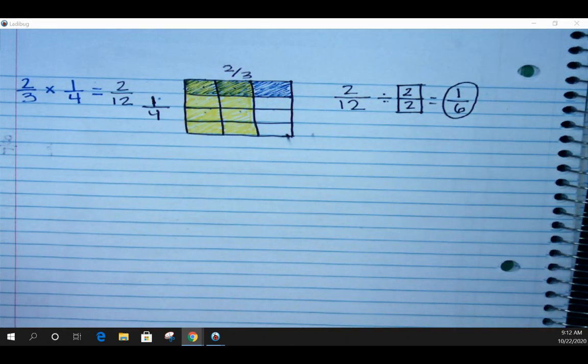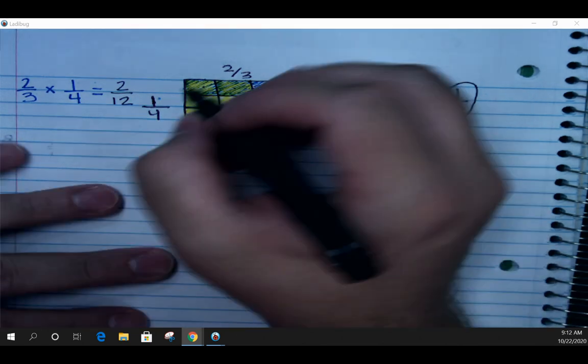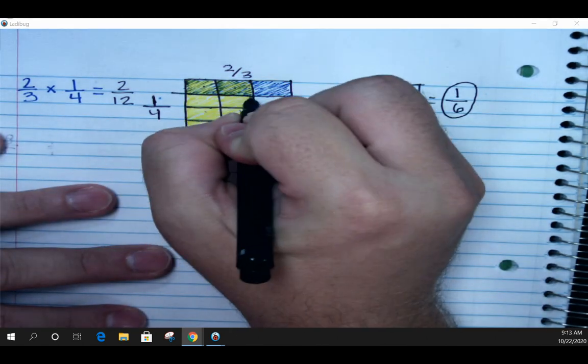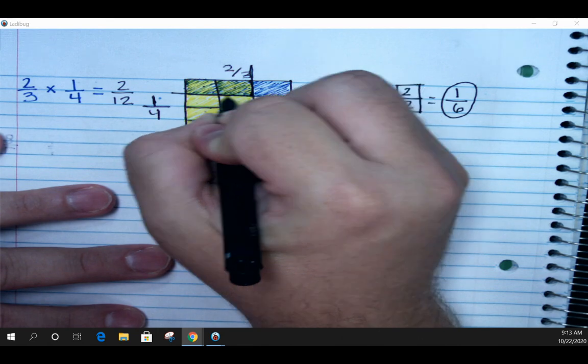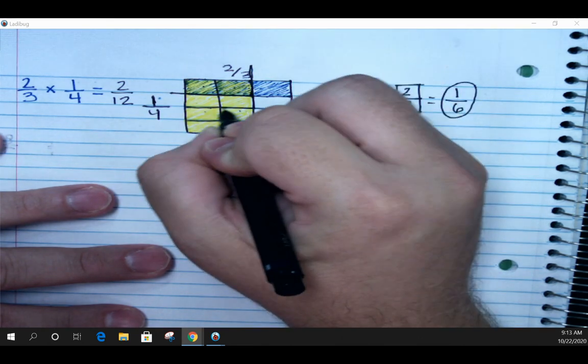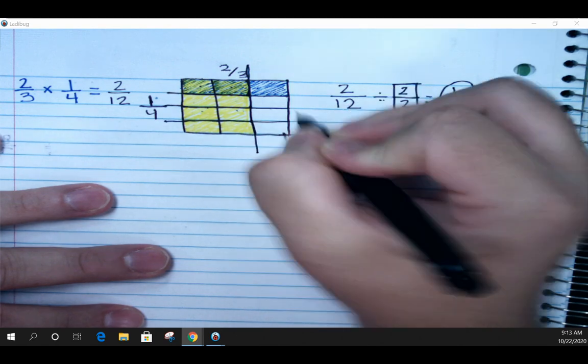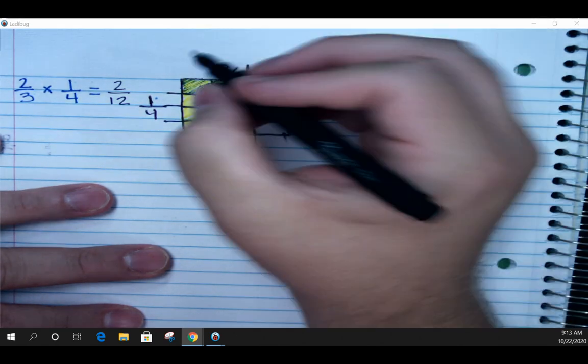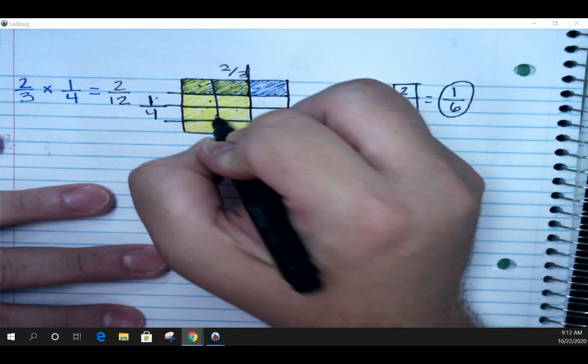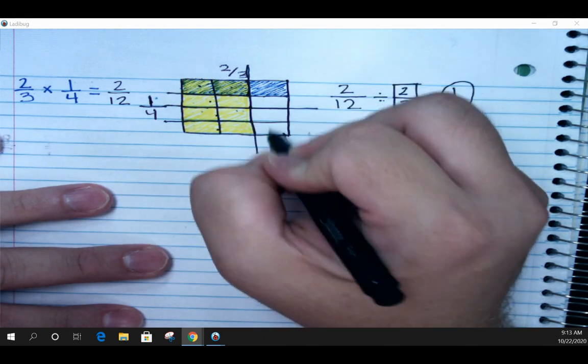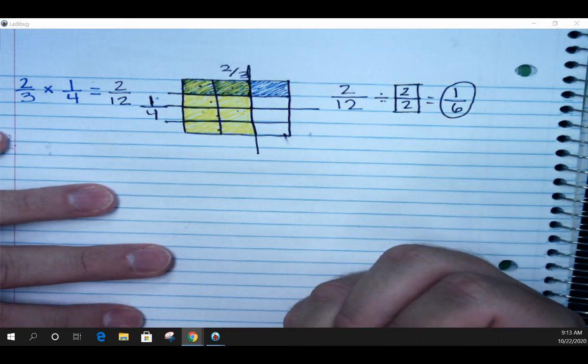Now I will show you something. If I take 2 blocks right here, 2, 2, 2, 2, 2. It's 1, 2, 3, 4, 5, 6. Okay.